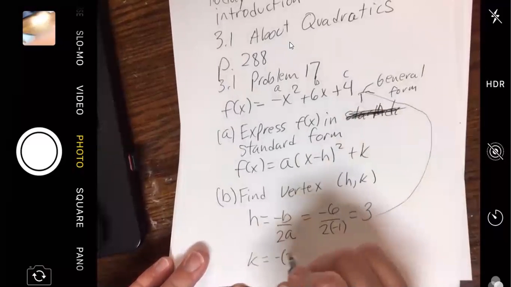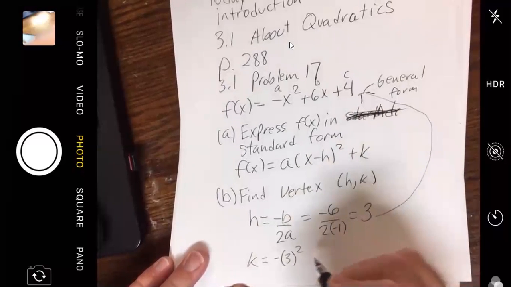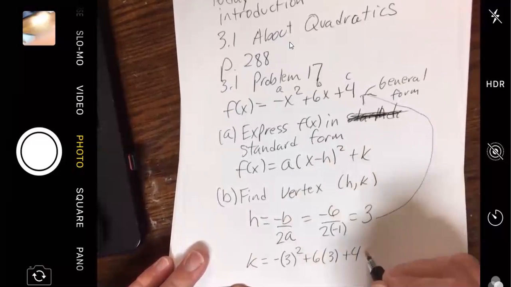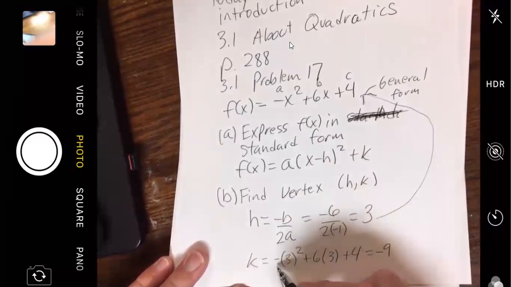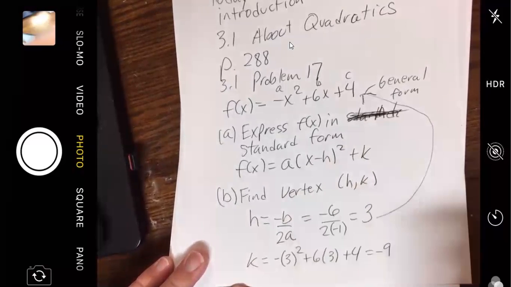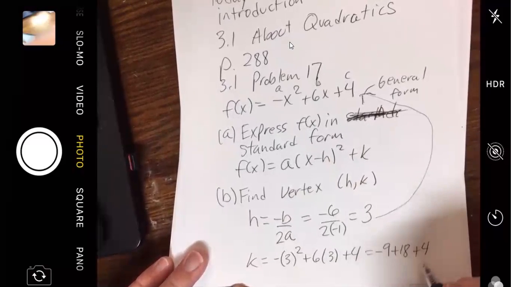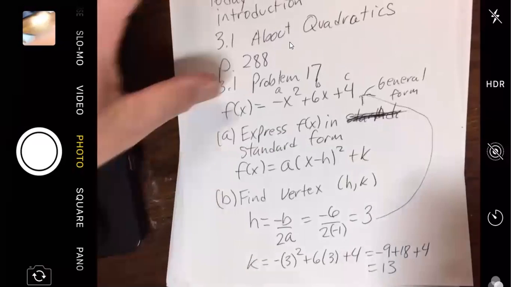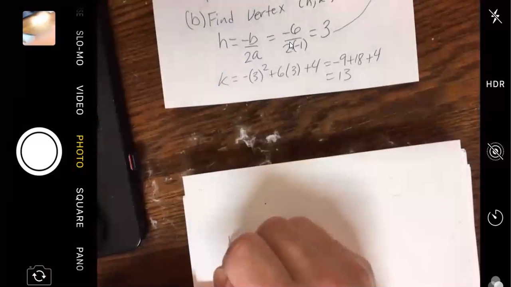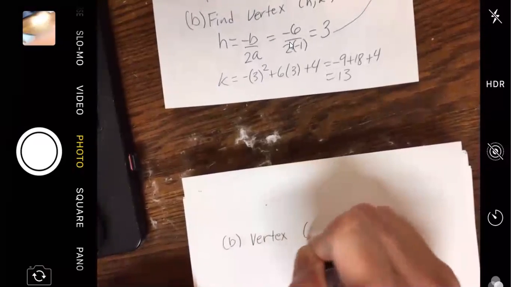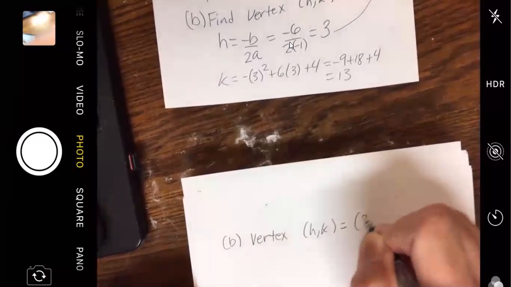K in this one is -3 squared plus 6 times 3, add 4. Watch this, your negative doesn't square, so 3 squared is 9 times -1 is -9, add 18, add 4, looks like 9 plus 4 equals 13. So your vertex, h and k in B, is 3 and 13.